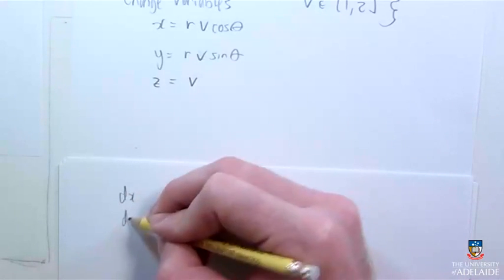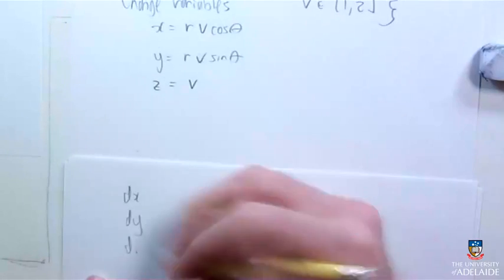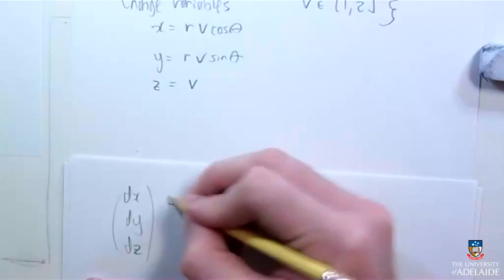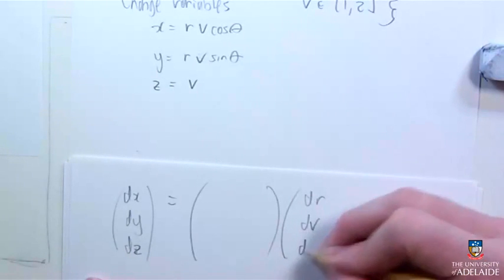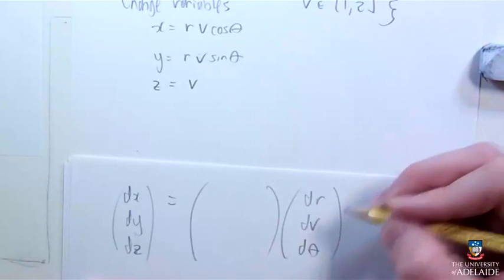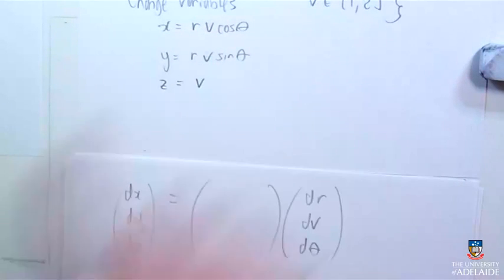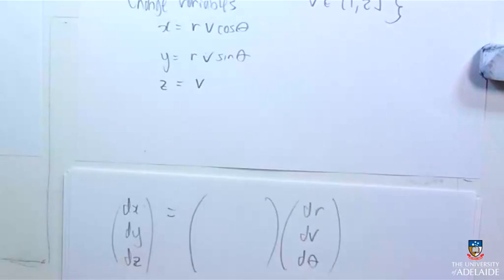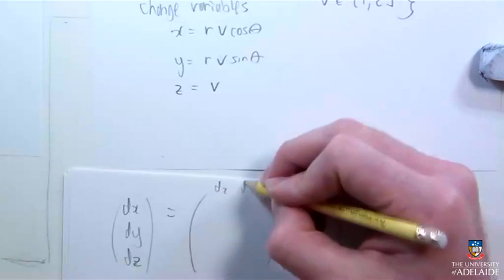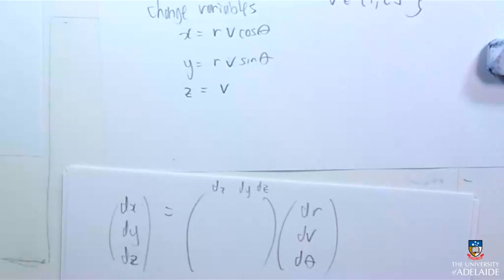Now, I have real trouble doing this without writing the matrix. I'm going to do it in the order r, v, theta because that's the order they're currently written in, and it'll just be easier. I'm just going to put my dx, dy, dz up here to remind me what's going on. All right.